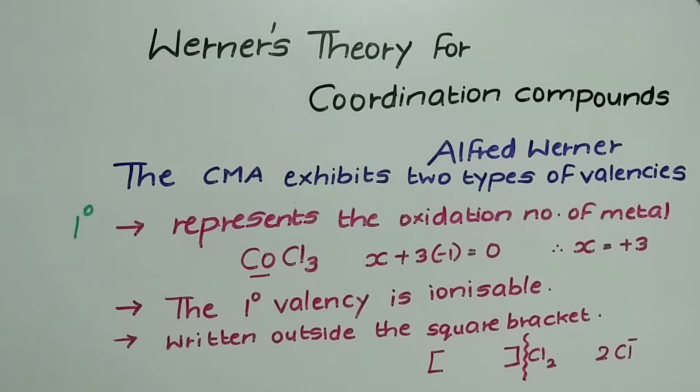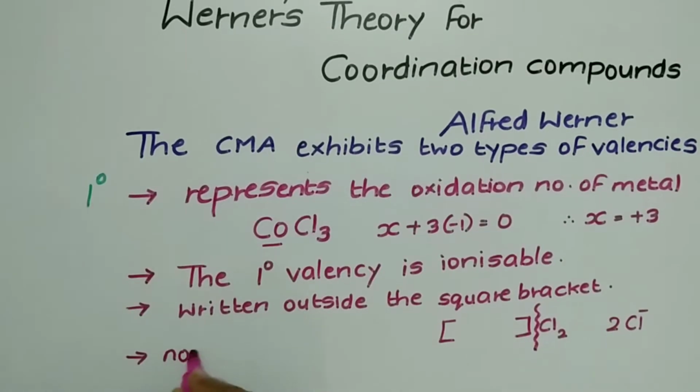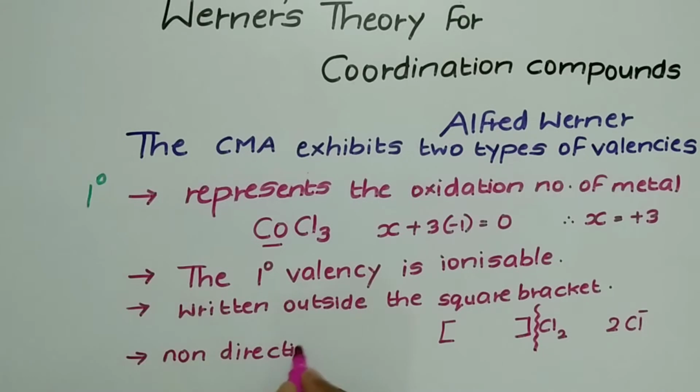Next, they are non-directional. Outside the square bracket only the primary valency is written, that is a counterion. It can be in any direction. Non-directional, it can be in any direction.